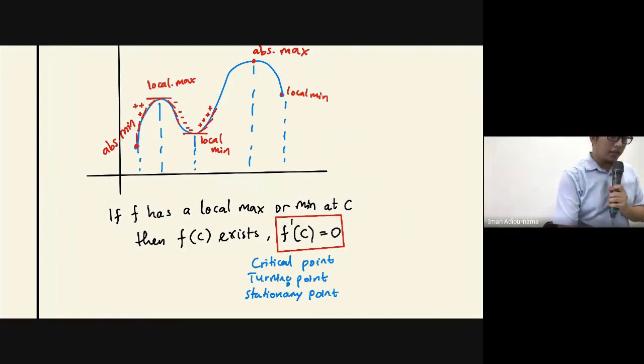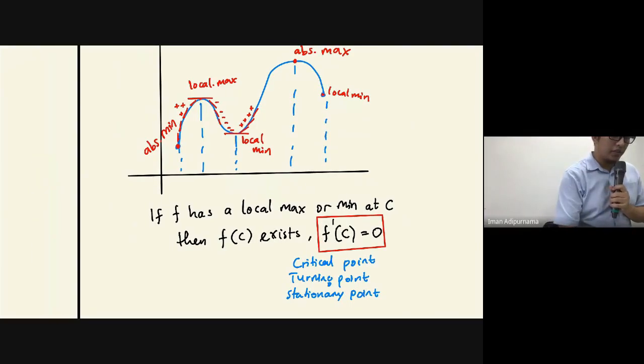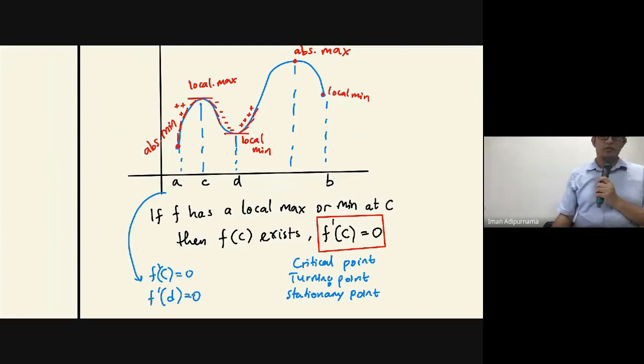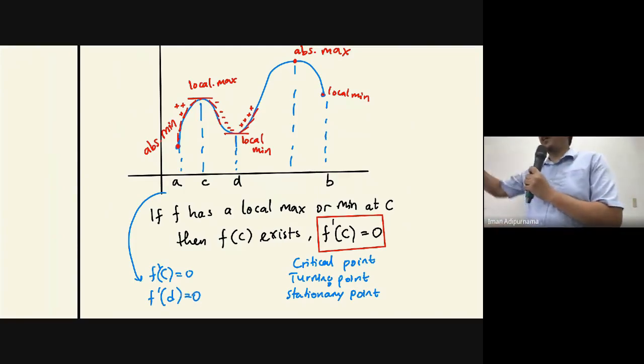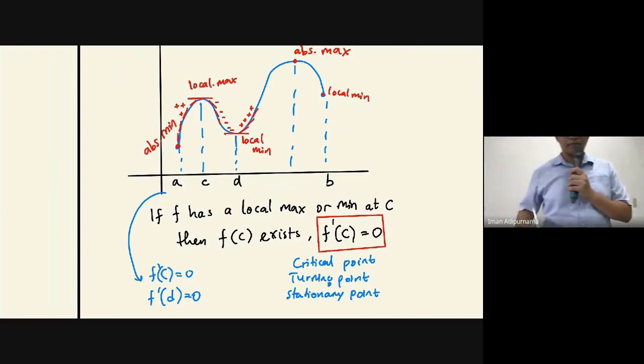So for example, if this is A, this is B, the interval, and maybe here is C and D. Okay, in this case, we can say that f prime of C is 0 and f prime of D is also 0. Okay. The gradient is horizontal, meaning the gradient is 0. Okay.